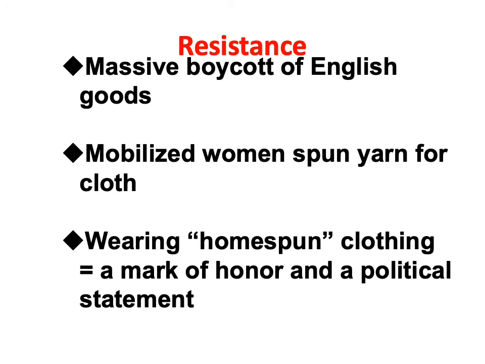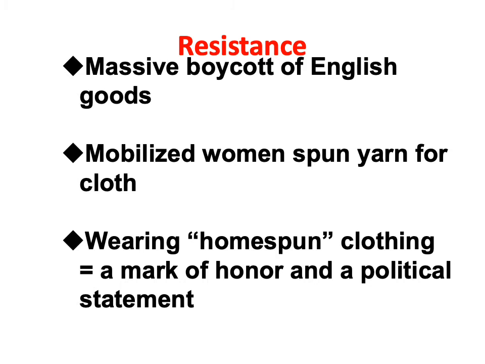The colonists quite naturally decided that their previous boycott after the Stamp Act had led to the repeal of the Stamp Act, so now they increased their efforts not to buy English goods, hoping that would lead to the repeal of the Townshend Acts. And for the first time, we really see the women involved in the protest movement.